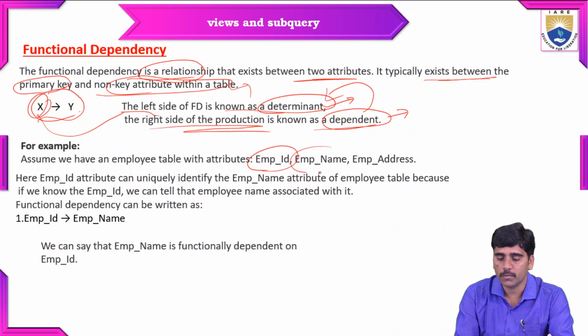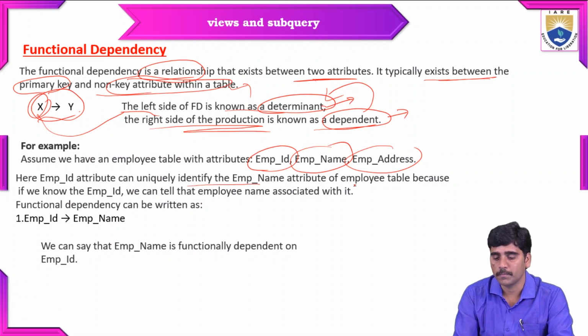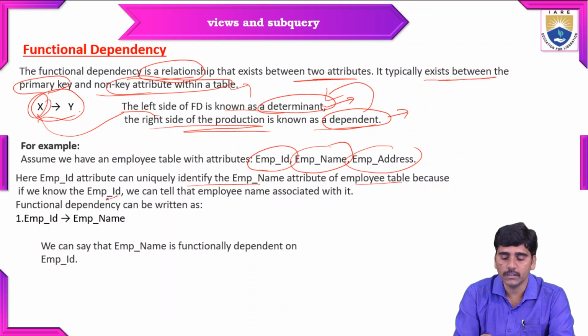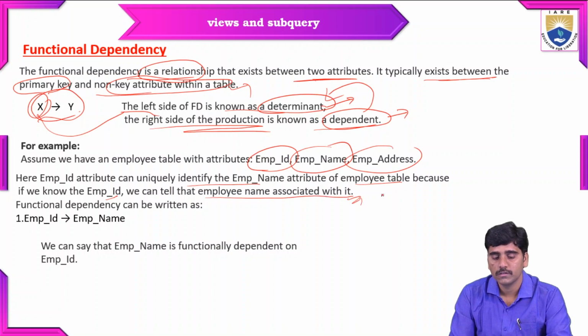So for example, here the table contains employee ID, employee name, employee address. Here, the employee ID attribute can uniquely identify the employee name attribute of the employee table. If we know the employee ID, we can tell the employee name associated with it. But if we know the employee name, we cannot tell the employee ID.